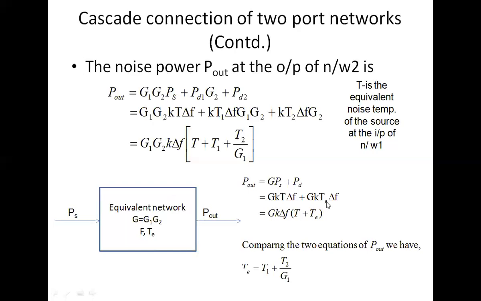TE is the overall noise equivalent temperature of the two devices which have individual equivalent noise temperatures T1 and T2. And now after rewriting, P out is GK delta F into T plus TE, and we have two equations for P out. So comparing these two equations for P out, we have TE equal to T1 plus T2 by G1.